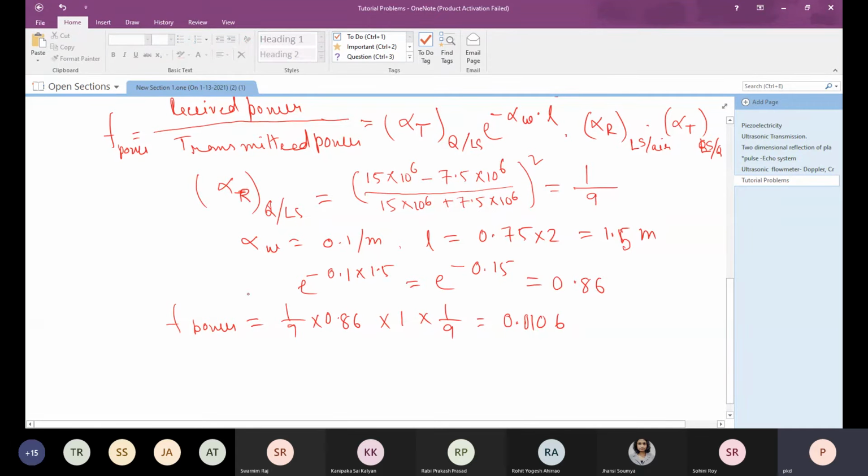The transmission coefficient is 1 minus this one, alpha t, 1 minus 1 by 9, 8 by 9.